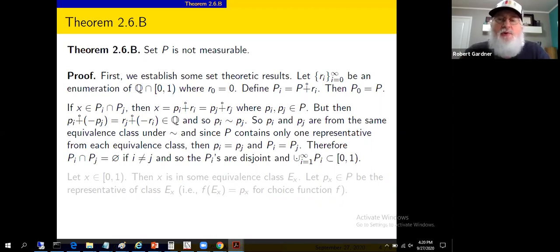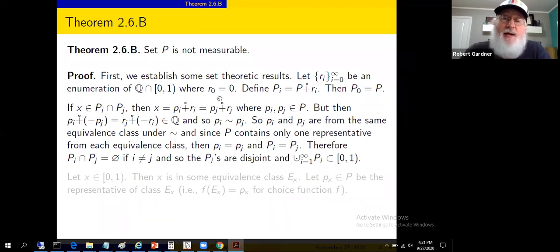Now what we're going to do is show that p sub i and p sub j differ by a rational. Consider this. I'm going to rearrange this equation. Maybe it's best to think in terms of mod 1 arithmetic with this circle plus. What we do is get p sub i circle plus the additive inverse of p sub j, negative p sub j, equals r sub j circle plus negative r sub i.